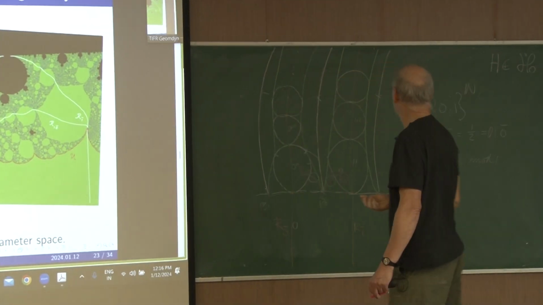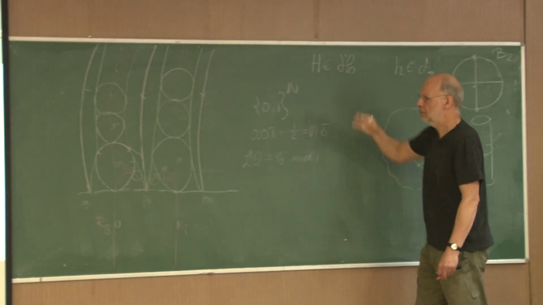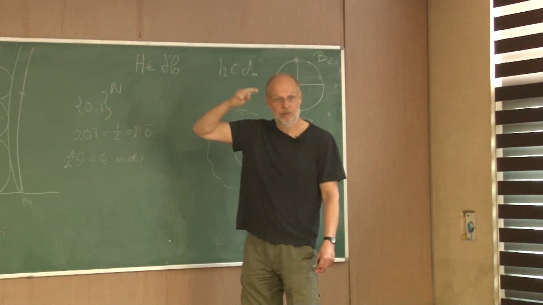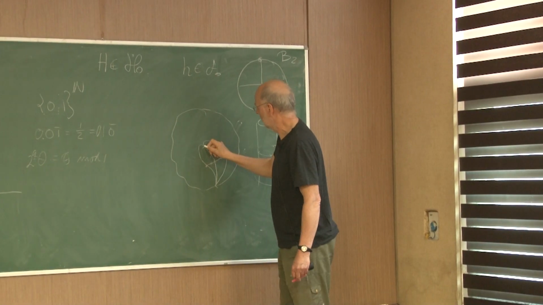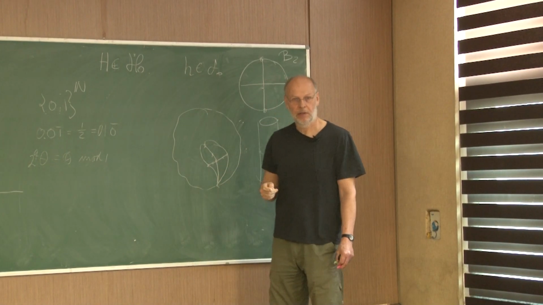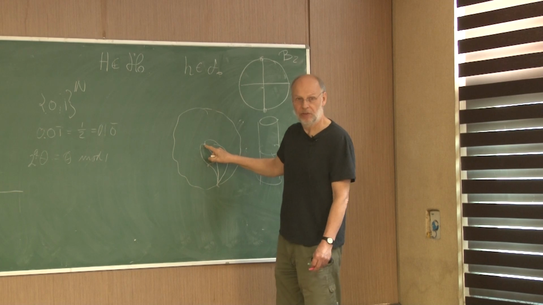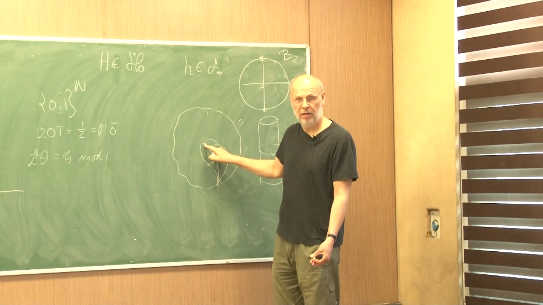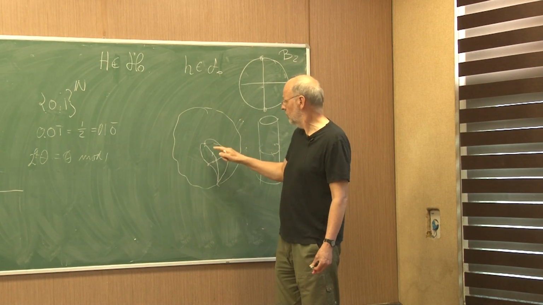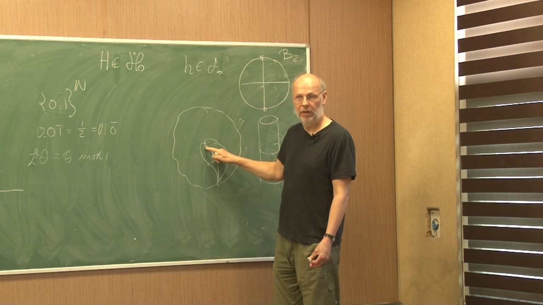So what happens when you move lambda south of 0 is that the fixed point here, which was parabolic, splits off into 0, which becomes repelling. And then when you go south, what you split off is attracting.